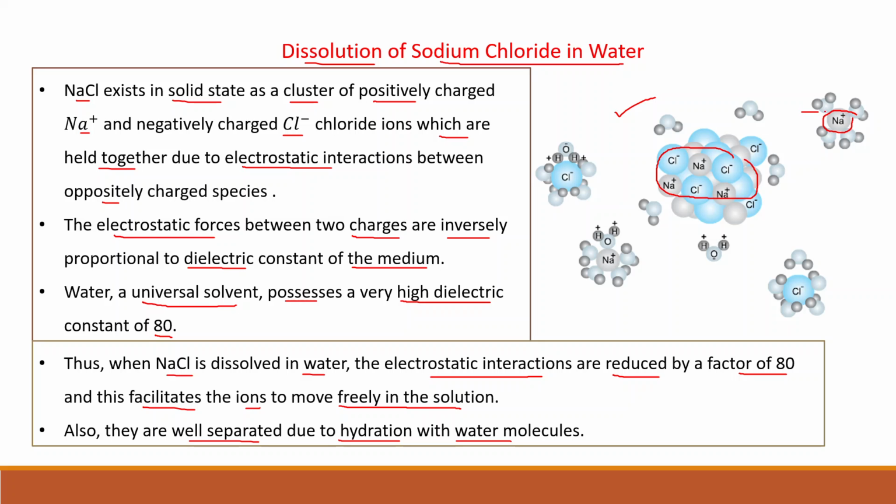So the partially negative oxygen atoms of the water molecules surround this Na+. In the same way, the negatively charged Cl- is surrounded by the partially positive hydrogen of water. This is called hydration. In this way sodium chloride is dissolved in water.